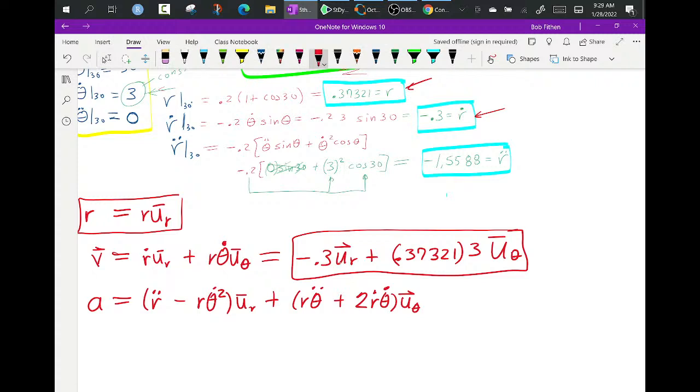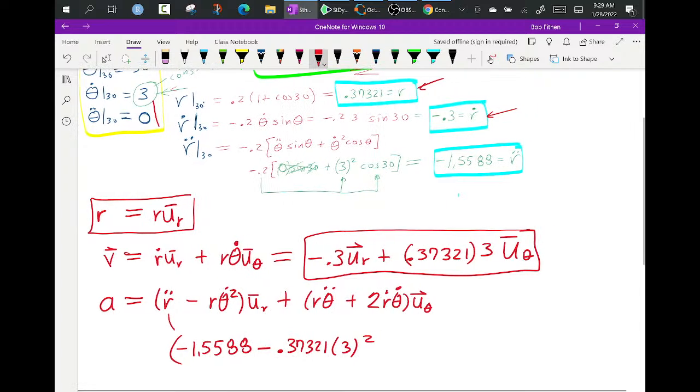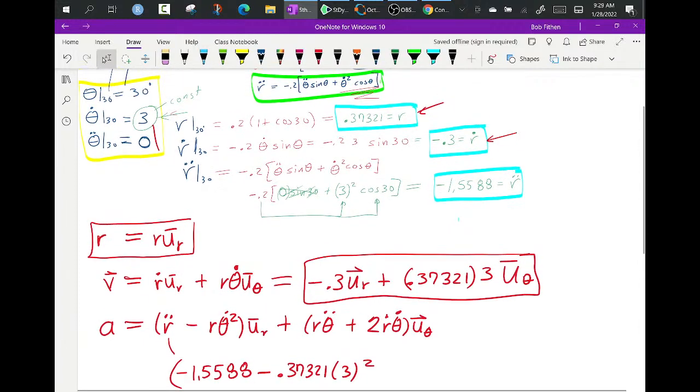Okay, so R double dot is minus 1.5588 minus R, which is 0.37321, theta dot, which is still 3. And so all I'm doing is I'm grabbing the appropriate values out of here, here, here, here, and here.